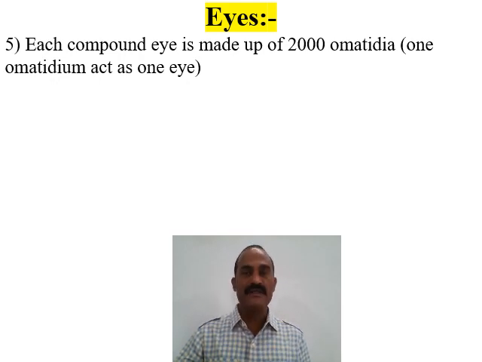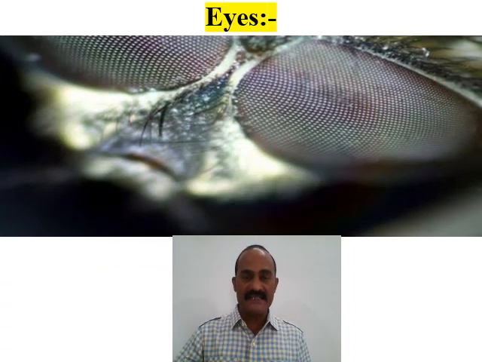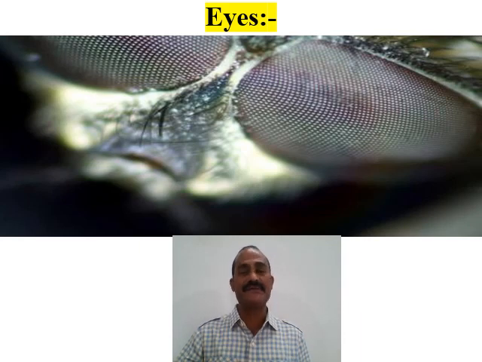And we know that each and every ommatidium is capable of acting as a single individual eye. Now if we see the exact structure of eyes in cockroach, you will be surprised to know all these ommatidia work in synchronization, in rhythm, and as a result of that they are responsible for producing what we call mosaic vision.